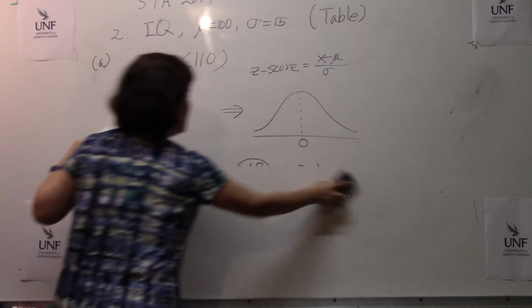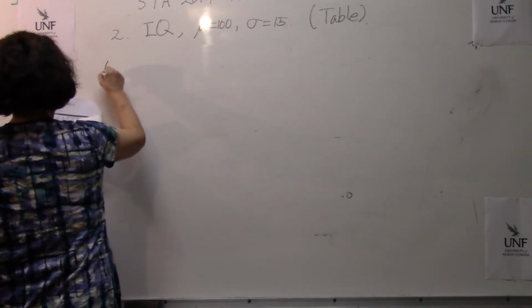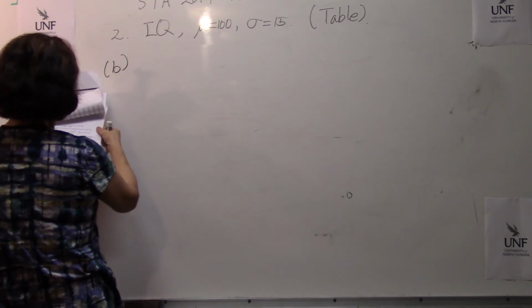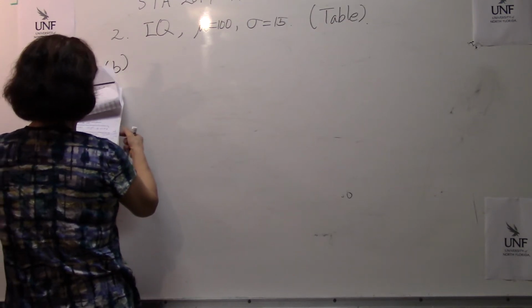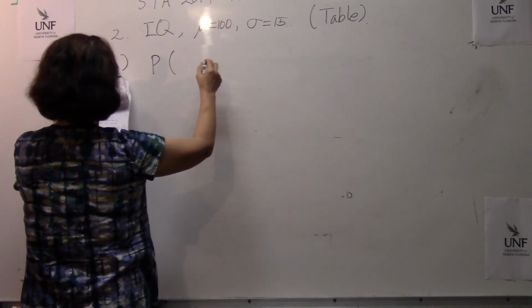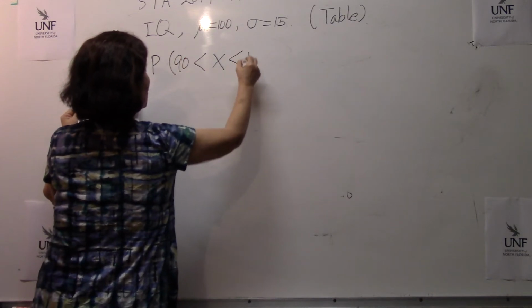Well, go to part B. What is the probability that this time a randomly selected individual has an IQ of between 90 and 120? 90 and 120.